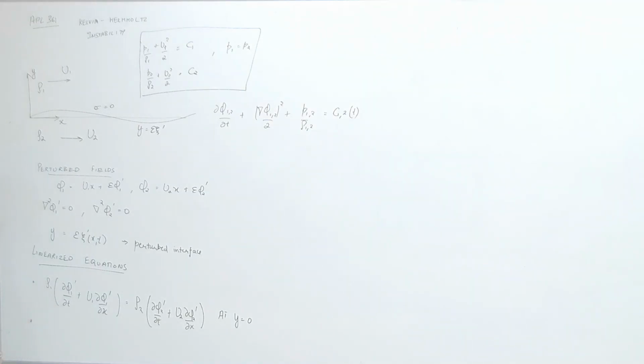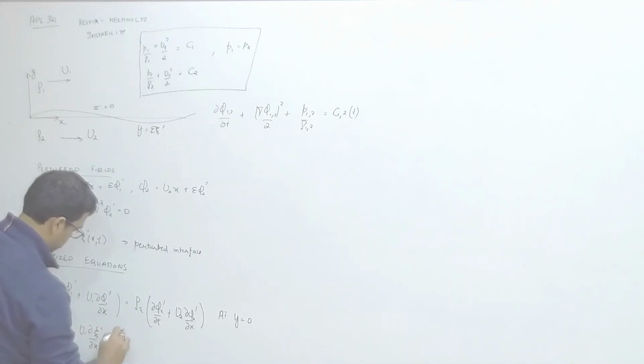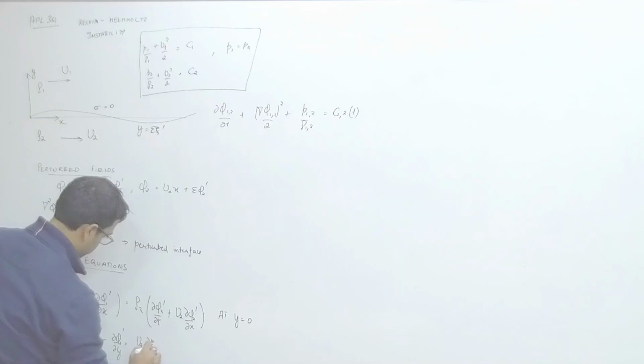And then what is the kinematic interface condition? What do we get from kinematic interface condition? Del c prime by del t equals del phi 1, okay, del c prime by del x, which is equal to u2 del c prime by del x.